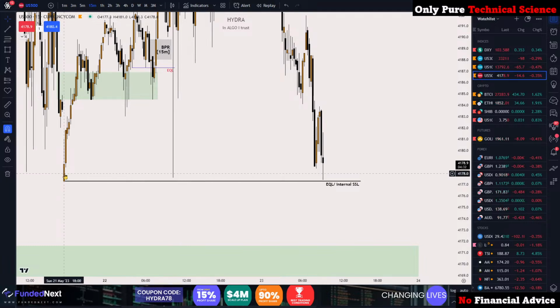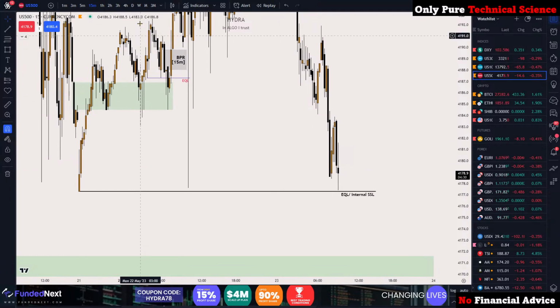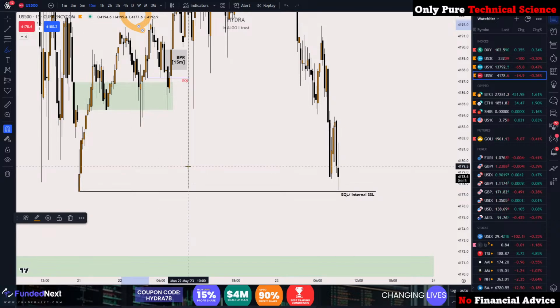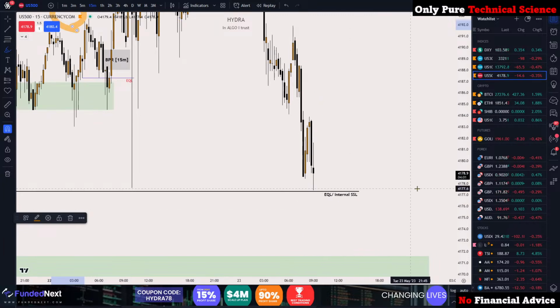Look at this candle's body comes in at 41.77. This candle's low comes in at 41.77. This candle's low comes in at 41.77. Just by a tick, these are different from each other. These are still relatively equal lows, so I'm expecting to see a run below these lows.